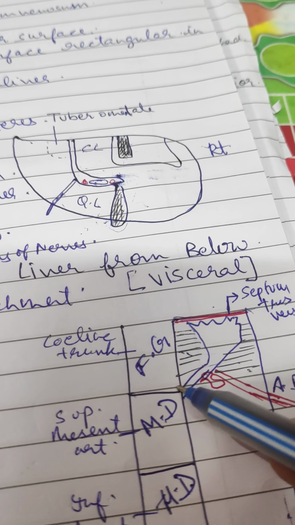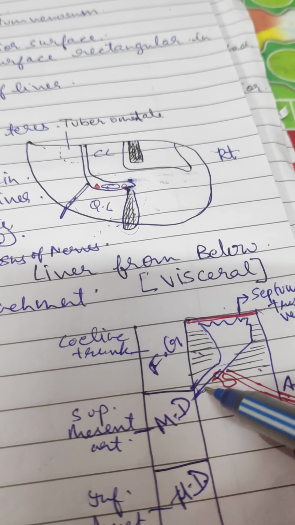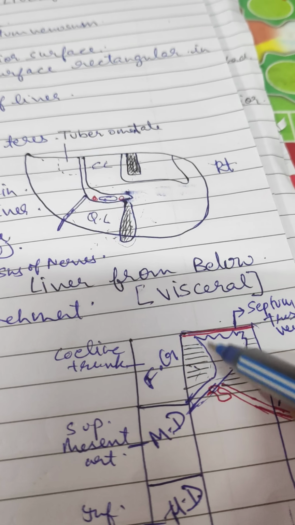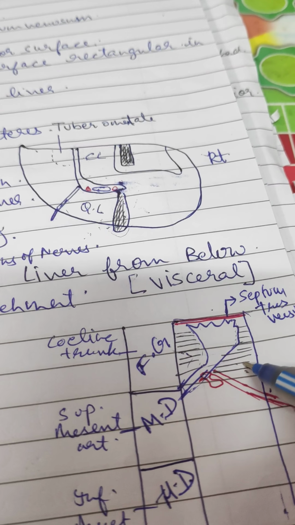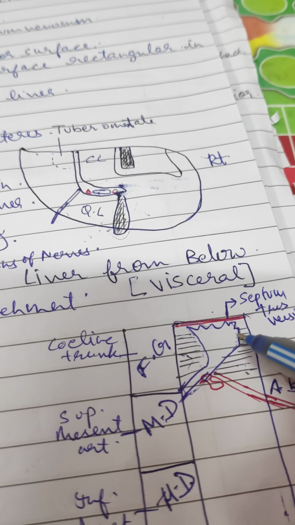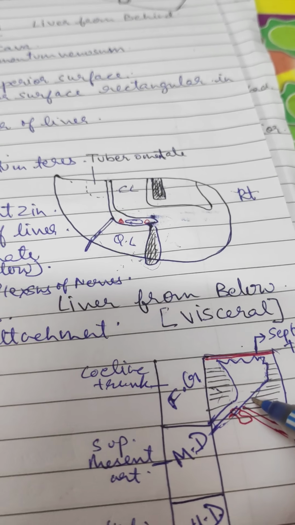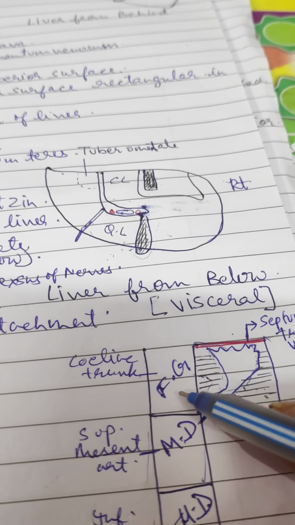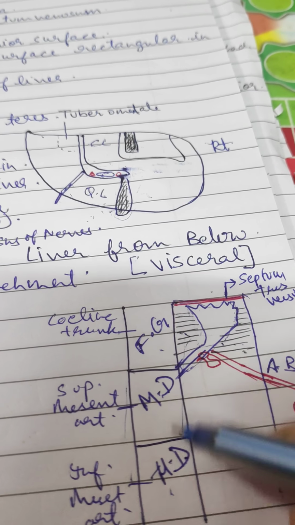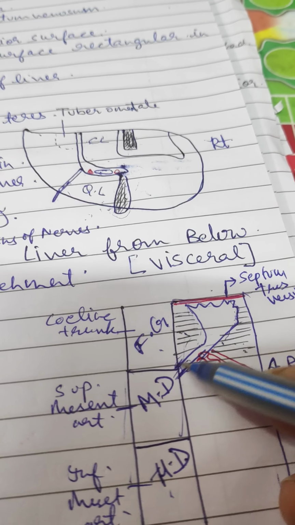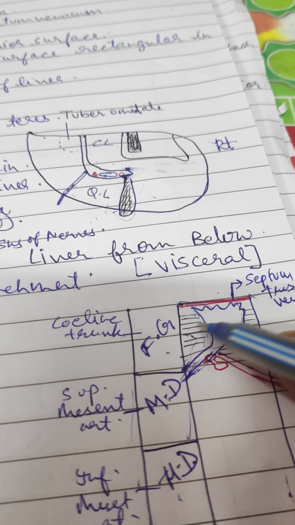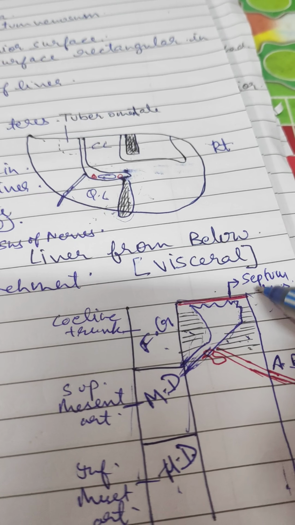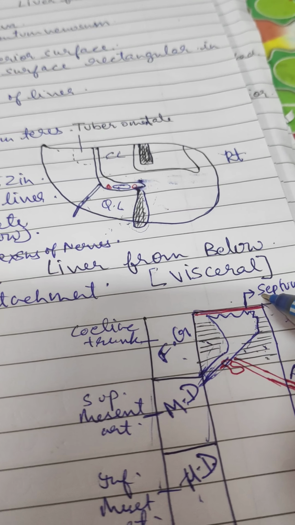Now a bud will start from the foregut, and this will grow towards the septum transversum through this ventral mesentery. This will form the future liver. Is that clear? There is a gut tube, mouth to anus, divided into 3 parts, foregut, midgut, hindgut, and a bud from the foregut will grow through this ventral mesentery towards the septum transversum, which will develop into the future diaphragm, right?